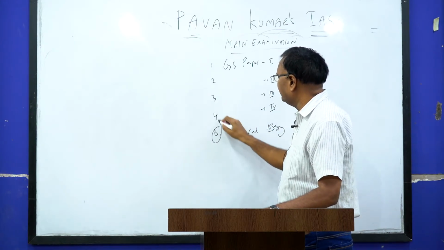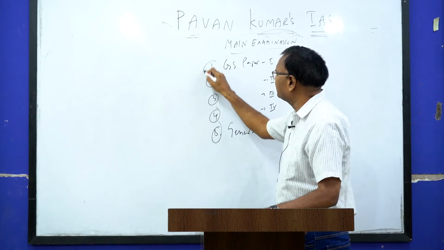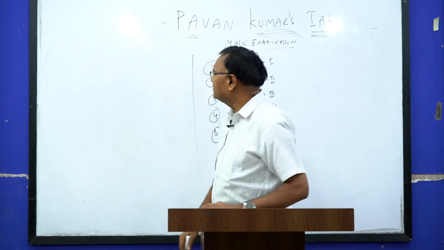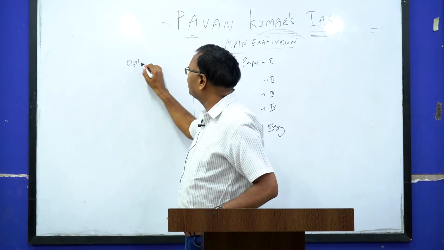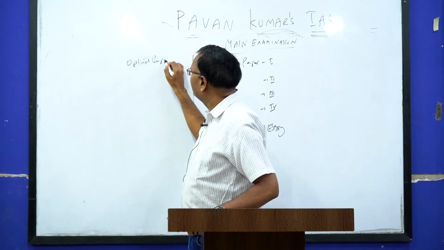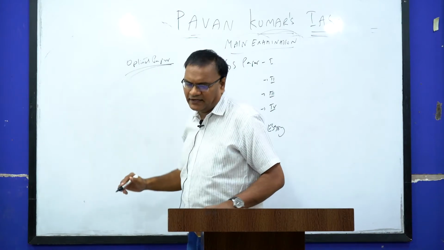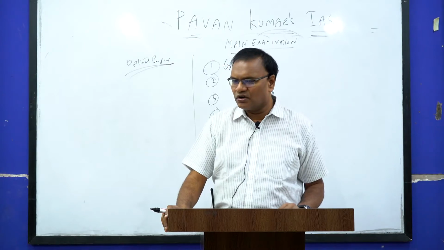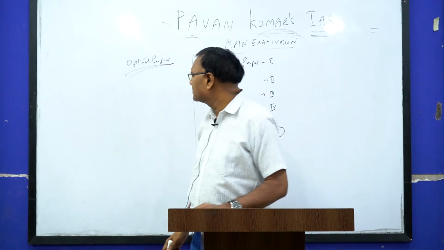Anyone who is writing the mains will have to take all these papers. Apart from this, in the main examination, you also have an optional paper. You have to select one paper from various subjects that UPSC is offering as part of optional papers.